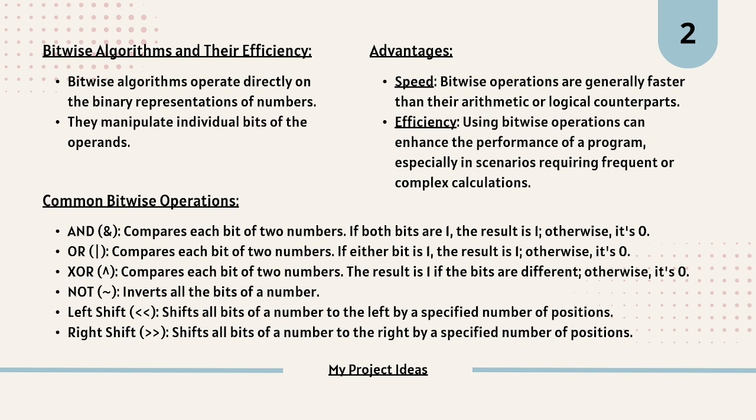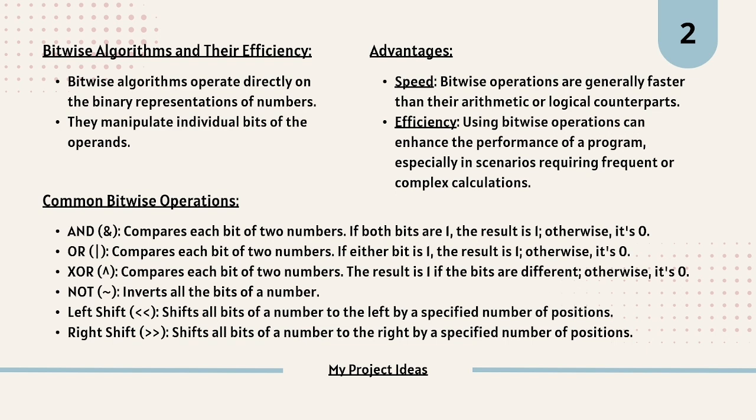Obviously, the speed. Bitwise operations are very fast and really efficient, and they're faster than their arithmetic or logical counterparts. Suppose there is a problem which can be solved by a bitwise operation. It becomes very fast compared to solving it using an arithmetic or logical operation.